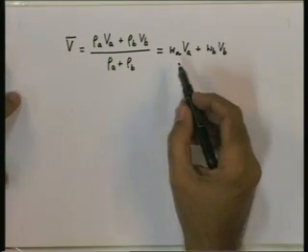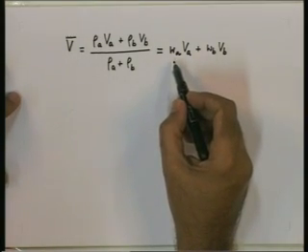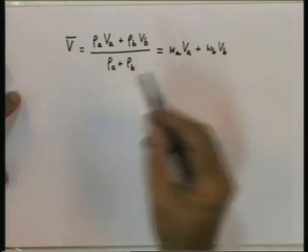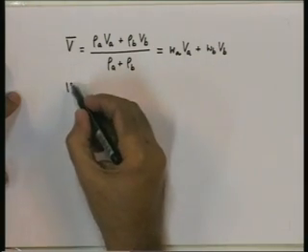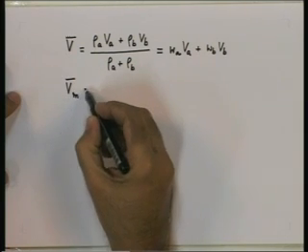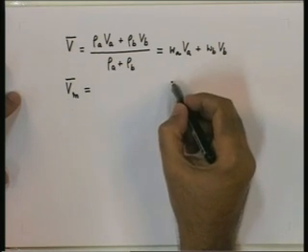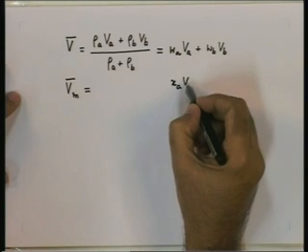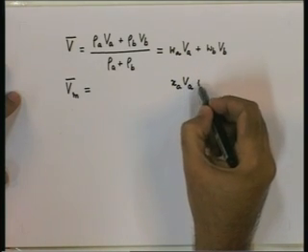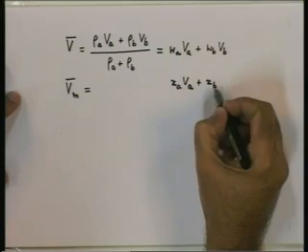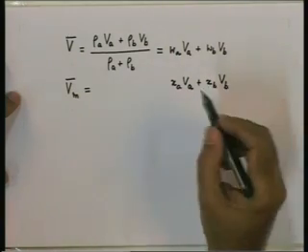Now notice that this is the mass fraction averaged velocity, whereas we had V bar molar equal to XA VA plus XB VB.